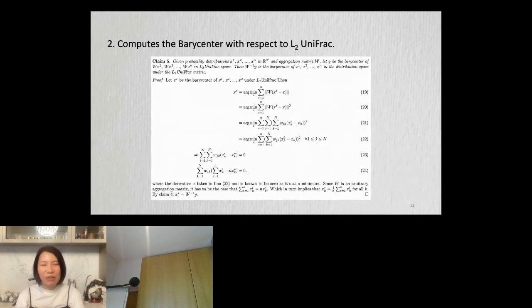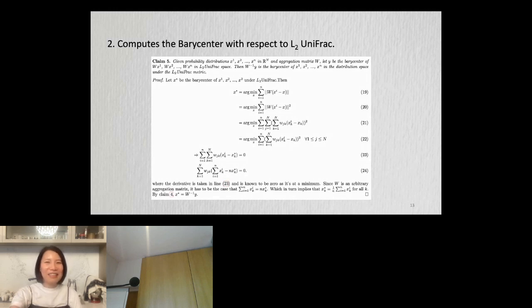This means that if I were to cluster a bunch of samples using L2 UniFrac as the distance metric, the vector that I found with the method I previously described is indeed the center of this cluster, right? So combined with the previous result, this shows us that we have indeed found a way to compute a biologically meaningful representative of a group of metagenomic samples.